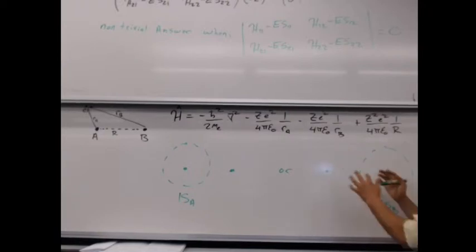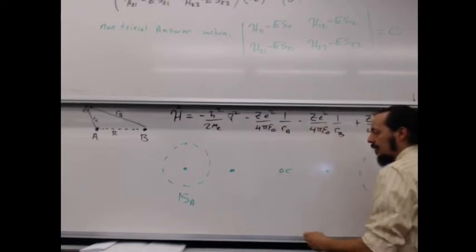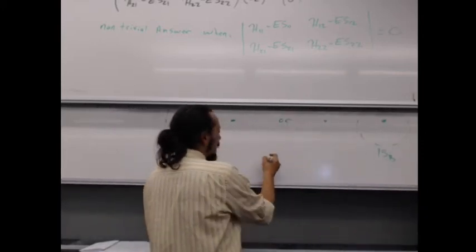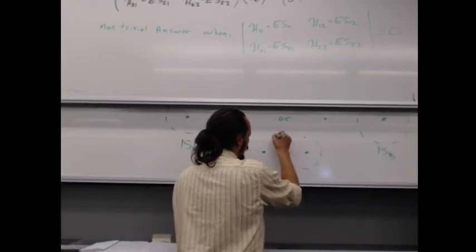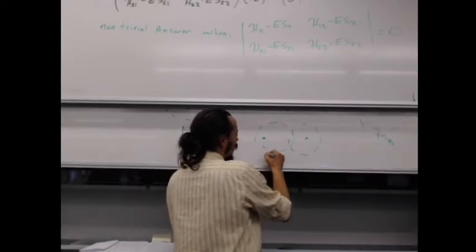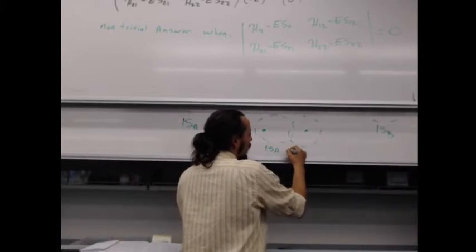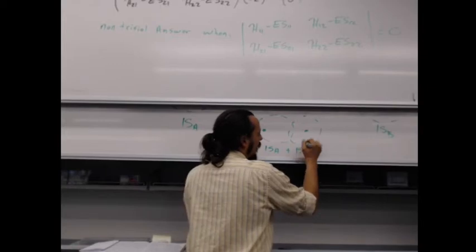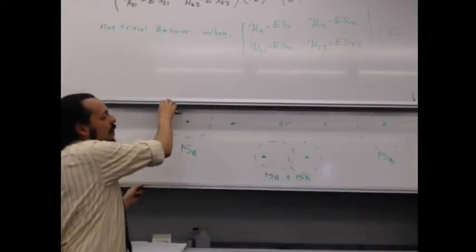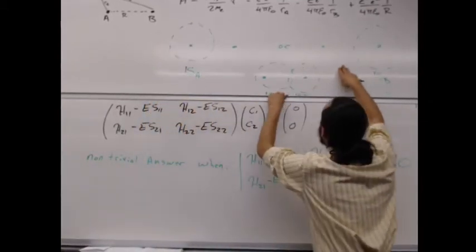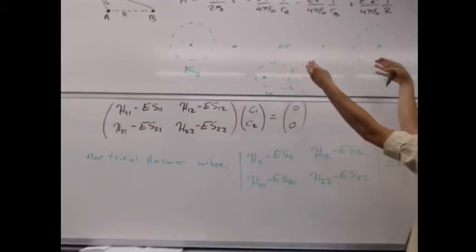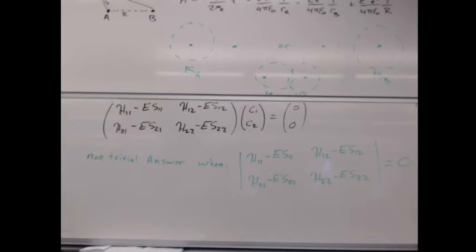And really, if I wanted to consider all of this together, the simplest thing to do would be to have a 1sa plus a 1sb. To think about putting these two separate cases together, that would make something that starts to look like a molecule.